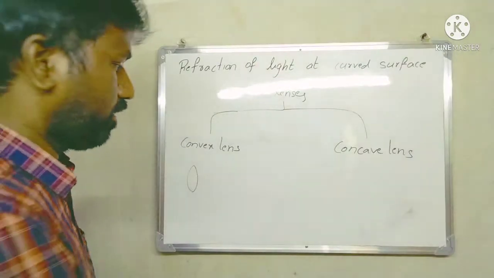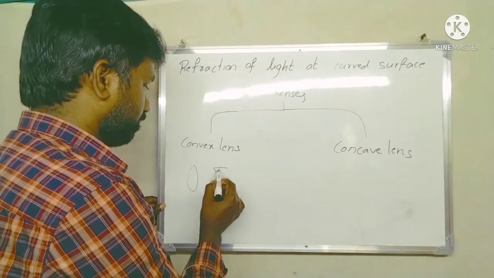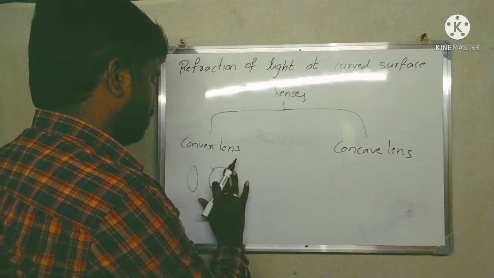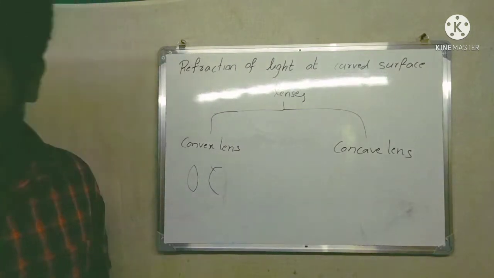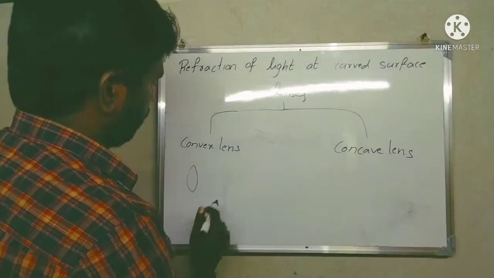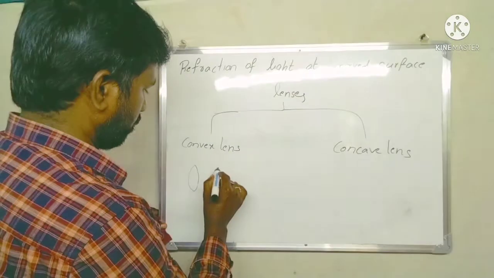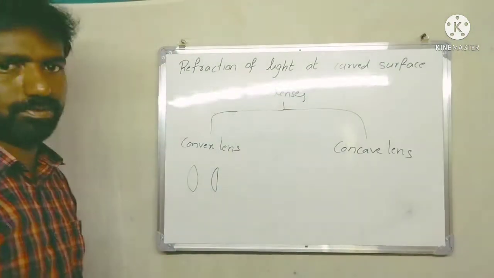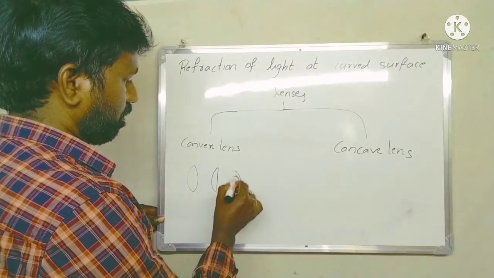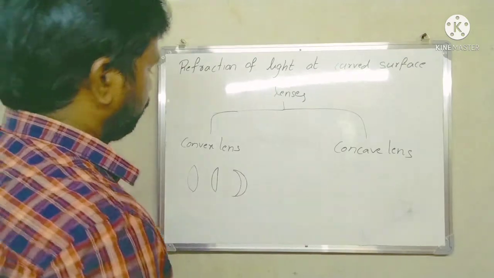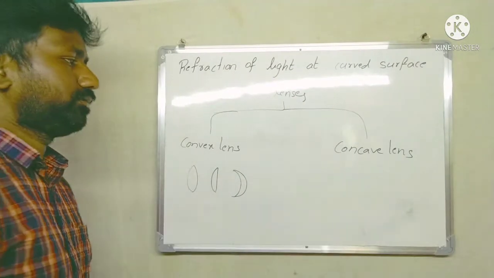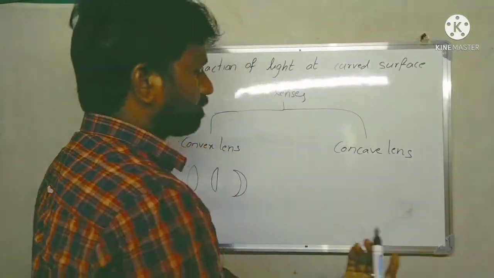And the plano-convex lens: one side is plane but the other side is spherical in shape. And another one is the concavo-convex lens. So there are three types of convex lenses, and here also three types of concave lenses.